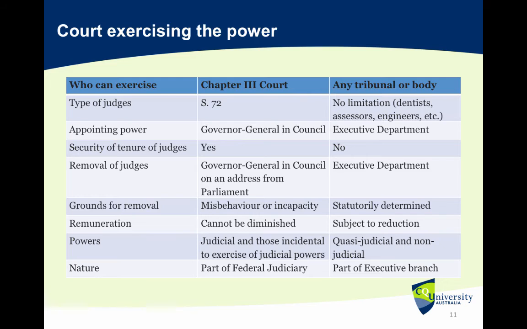Whereas, as far as membership in a Chapter 3 court, the judges there have security of tenure, and for as long as they do not reach the age of 70, judges can continue in the appointment. Justices of the High Court, for example, can continue to stay in office up to the age of 70.